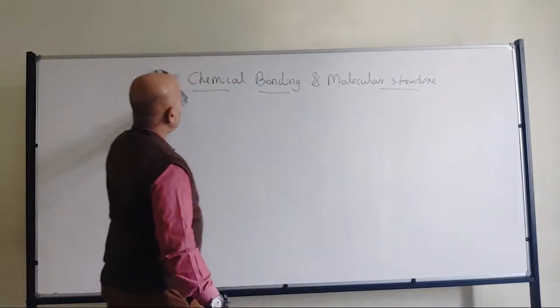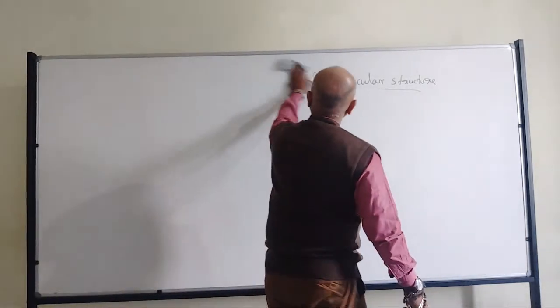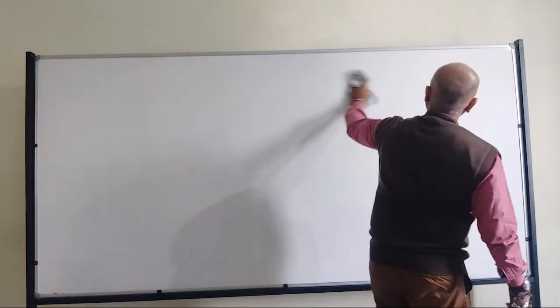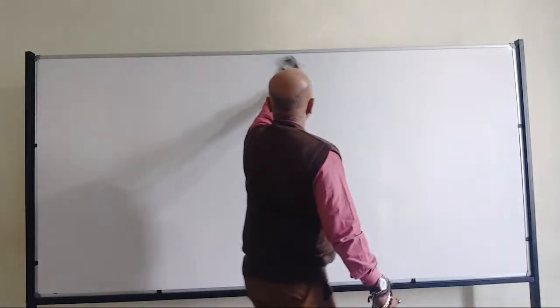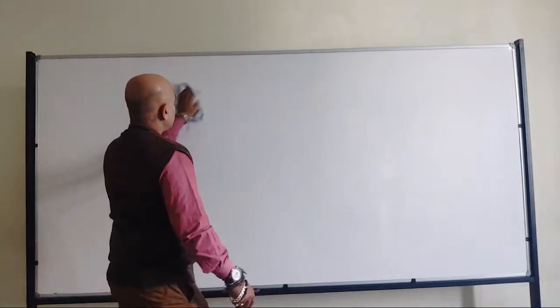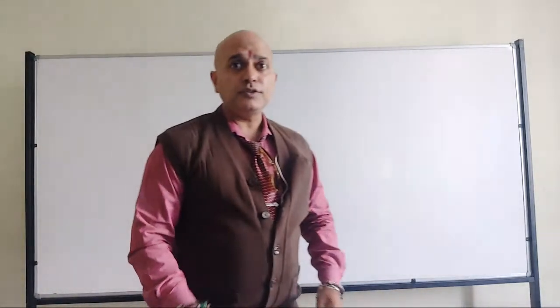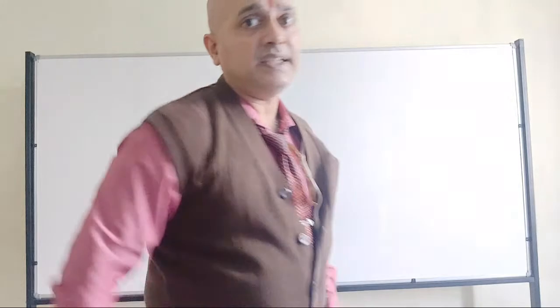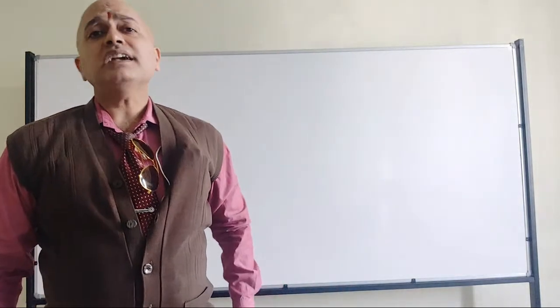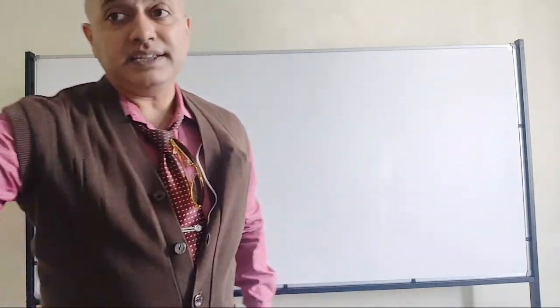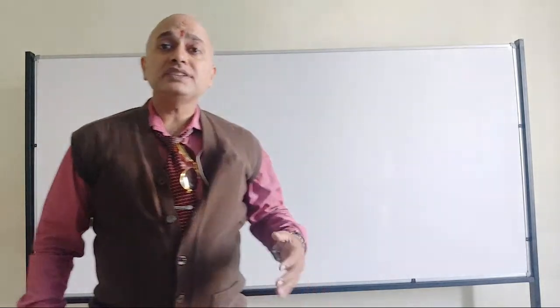Now when I am talking about chemical bonding and molecular structure, as all of you are writing, why does a chemical bond have to be formed? Many of you had written to have the stability, right? Absolutely correct. How are they going to have the stability?